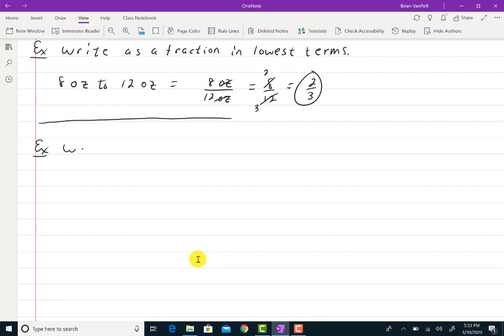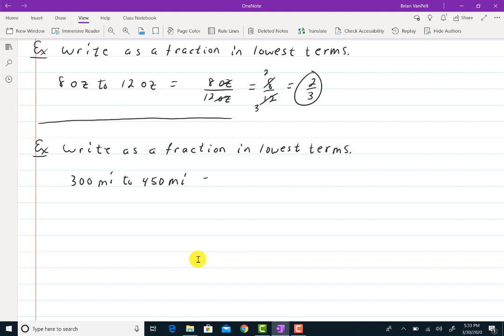Same thing, write as a fraction in lowest terms. This time we have 300 miles to 450 miles. And let's see what this turns out to be. So I have 300 mi divided by 450 mi. I can cancel out the miles.